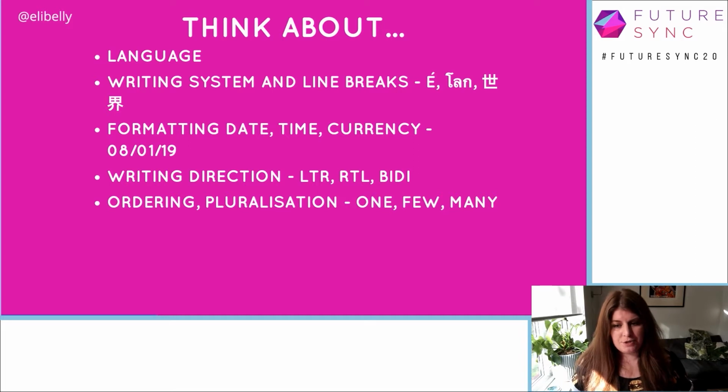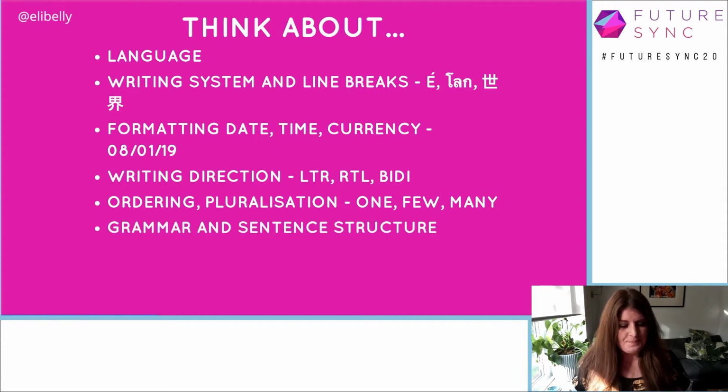Ordering, pluralization. In Russian, for example, there's not just a singular and a plural. You need to use different words for like one thing, and then a different word for like 2 to 5 things, and then a different word for like 6 to like 11-ish things. So our assumptions about our own language are often not the same in other languages.